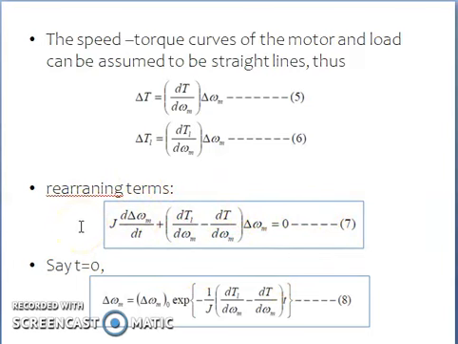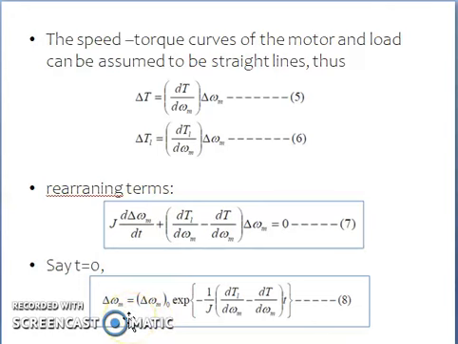Now this equation is a first order linear differential equation. Considering the initial conditions at t equal to 0, with delta omega m equal to delta omega m naught, the equation for delta omega m will be like this: delta omega m naught e raised to this.